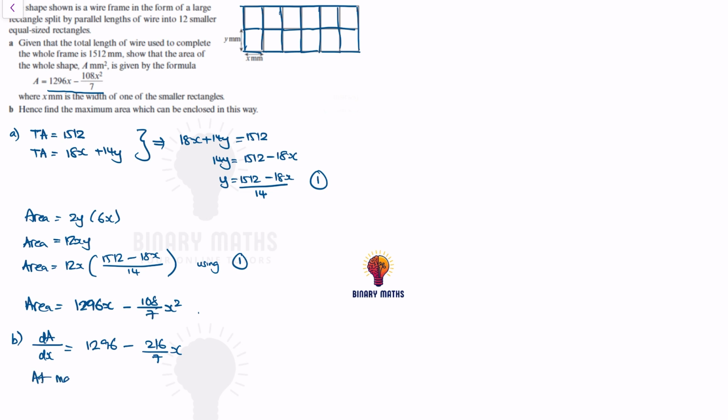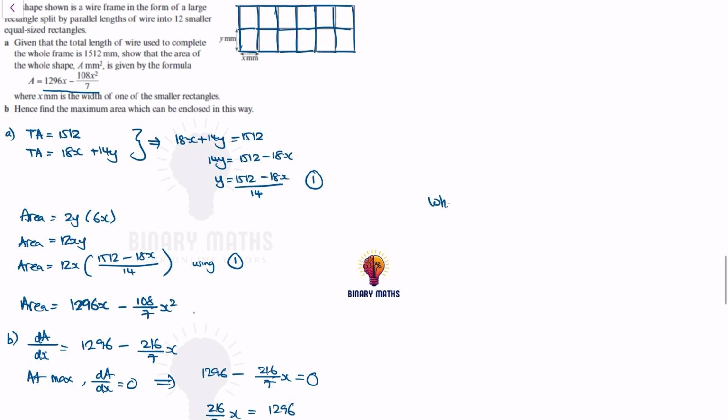At max, we have dA/dx equal to 0, which implies 1296 minus 216 over 7 x is equal to 0, which means I have 216 over 7 x is equal to 1296. So x is equal to 1296 times 7 divided by 216, which is equal to 42 millimeters.